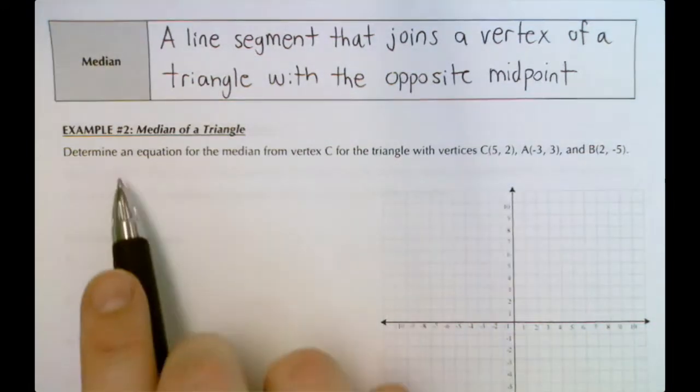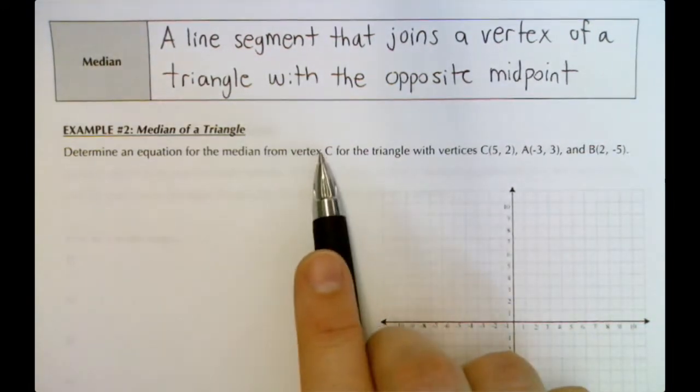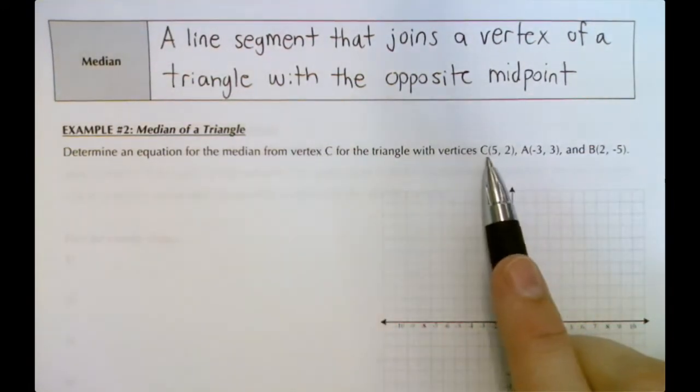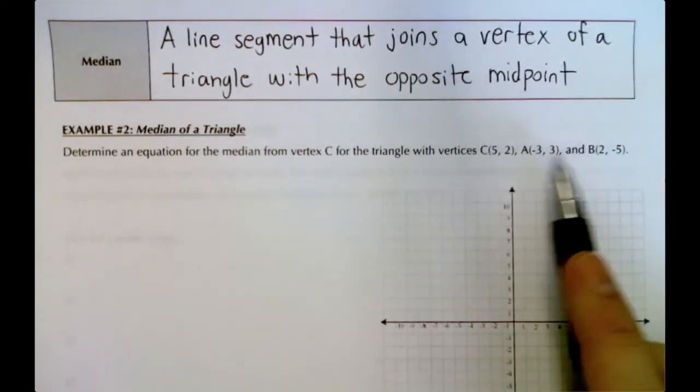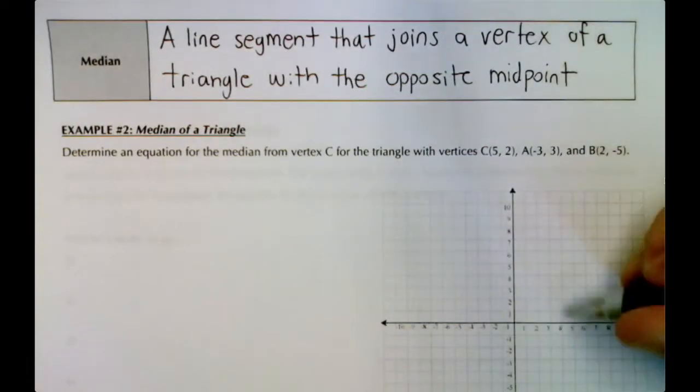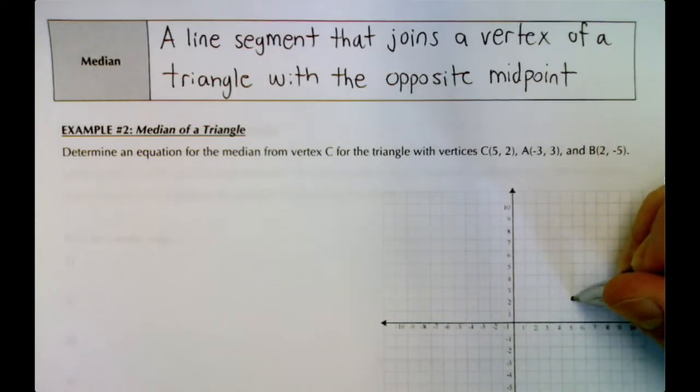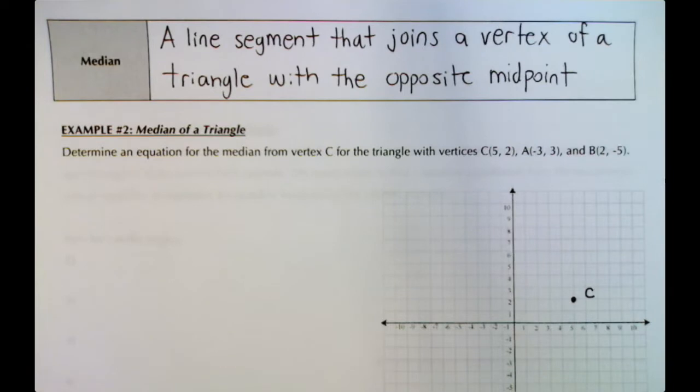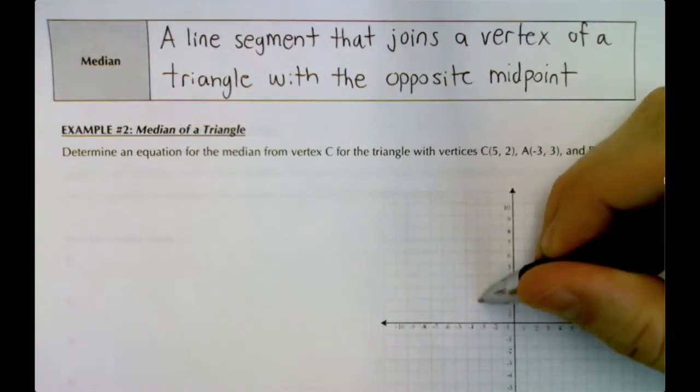So it says, determine an equation for the median from vertex C for the triangle CAB. So I'm going to graph these 3 points, C, A, and B, draw a triangle, and show you where the median would be. So C is 5, 2, so I'm going to graph 5, 2. That's C. A is negative 3, 3.